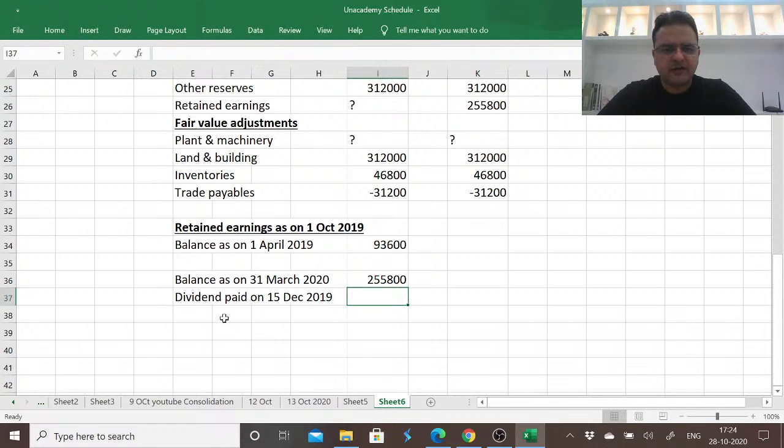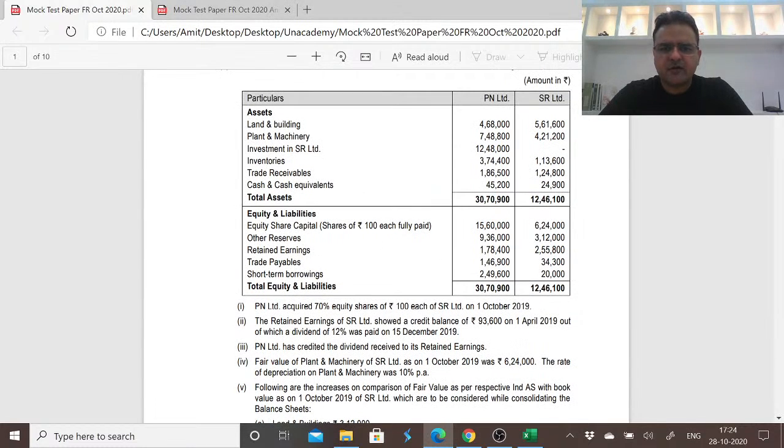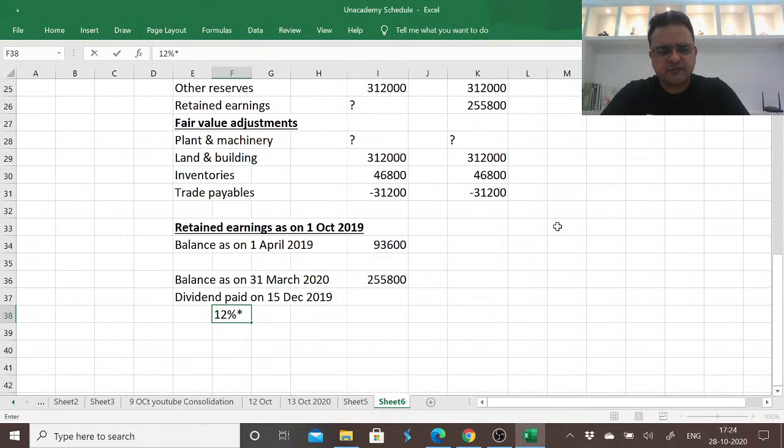So the dividend paid is actually 12% of equity share capital of 624,000. 12% of 624,000 is 74,880.